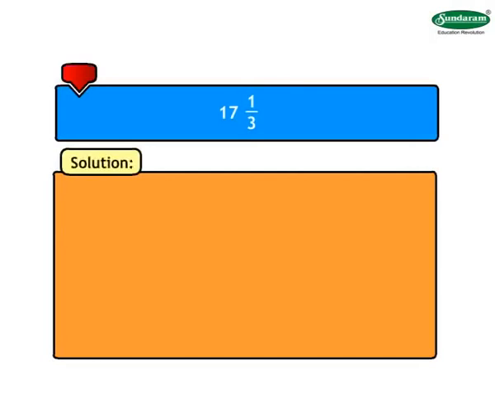Solution: to convert 17 and 1 upon 3 into an improper fraction, numerator is equal to the denominator 3 multiplied by integer 17 plus the numerator 1. Therefore, we get 3 into 17 is equal to 51 plus 1 is equal to 52.